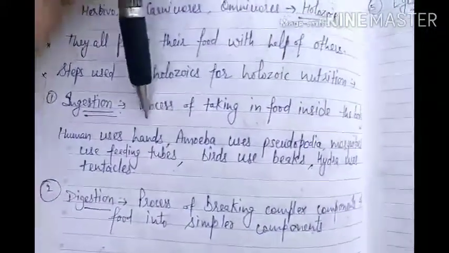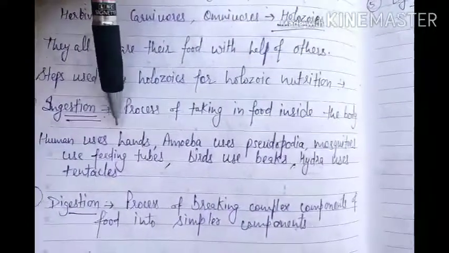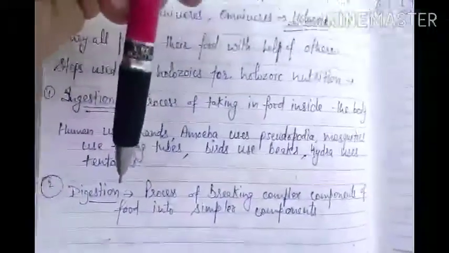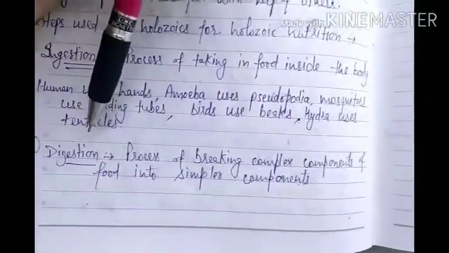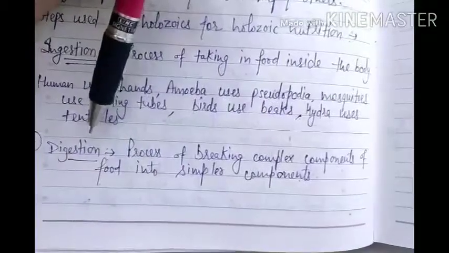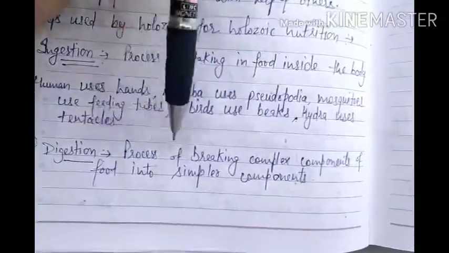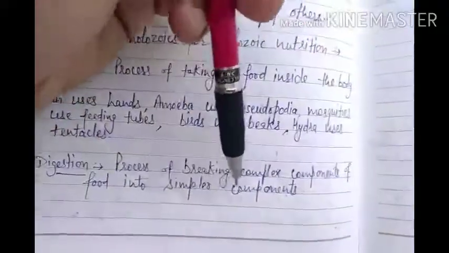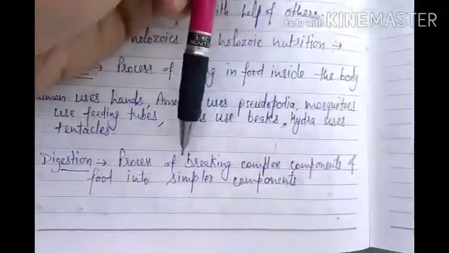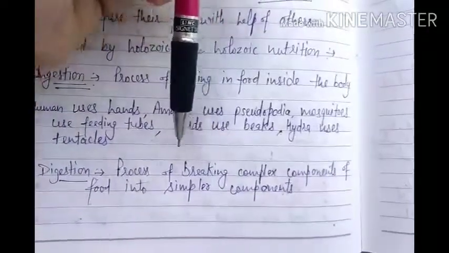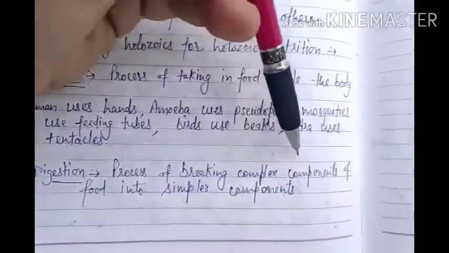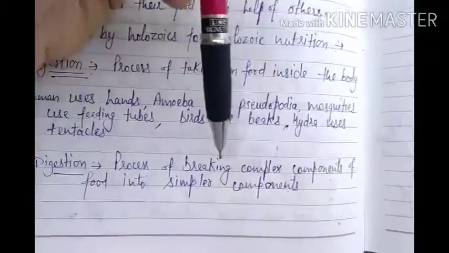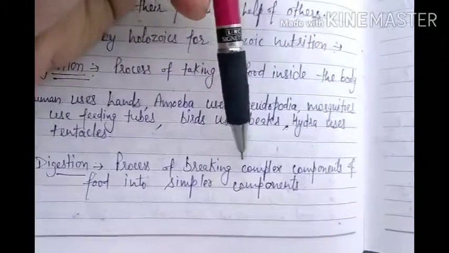After we take the food inside, what happens? Then it enters our stomach. So in our stomach, what is done? Digestion. What happens in digestion actually? It is the process of breaking complex components of food into simpler components. The food we eat is made up of very complex components like nutrients and various other components, which we cannot use directly.